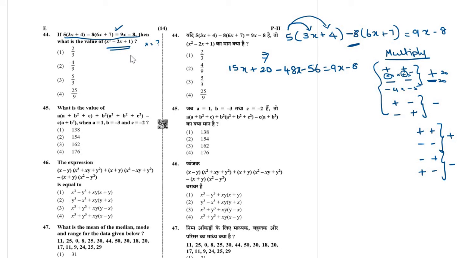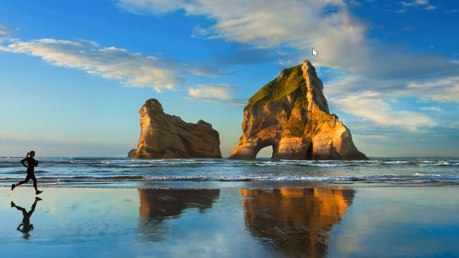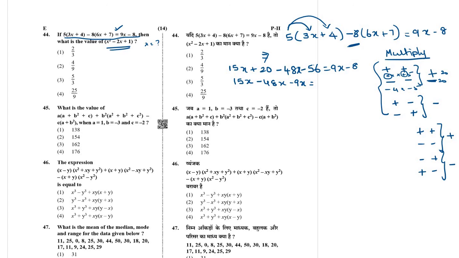Now combine the x terms on one side, the variable terms: 15x minus 48x minus 9x equal to that side. If you change from right to left or left to right, the sign will be changed. So take the number to that side.